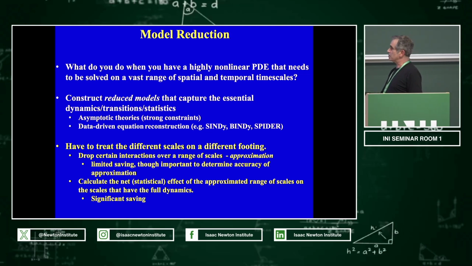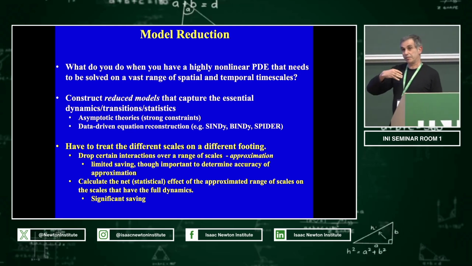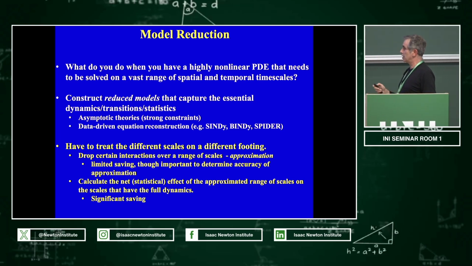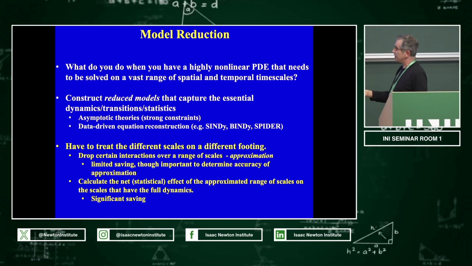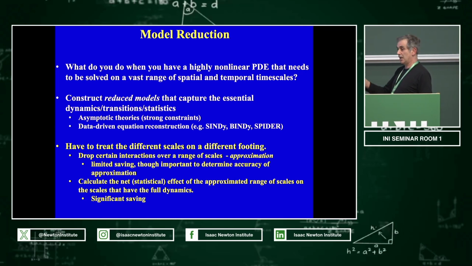You can get some saving by using clever numerical stepping methods, which maybe step over fast scales and input into slow scales, but your saving is limited. Where the real saving is when you calculate the net statistical effect of the approximated range of scales and then project that back onto the full dynamics, so you only have to solve for the large scales.